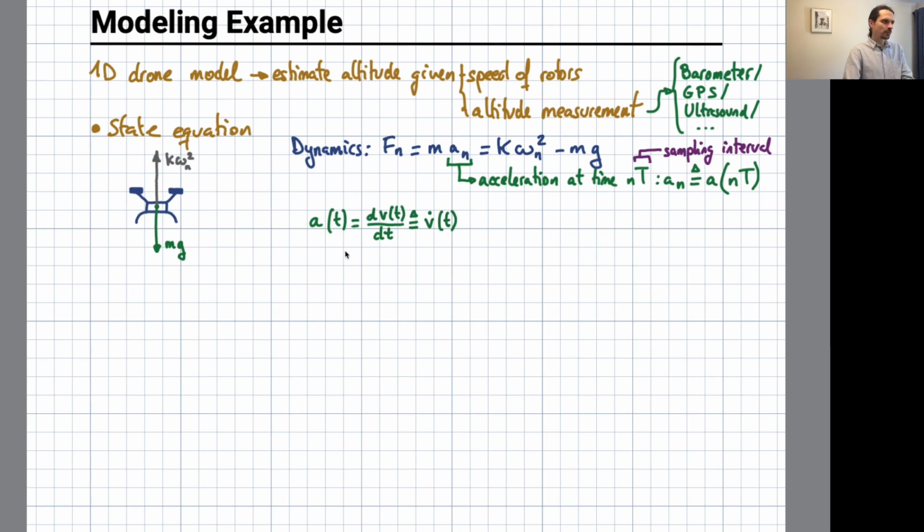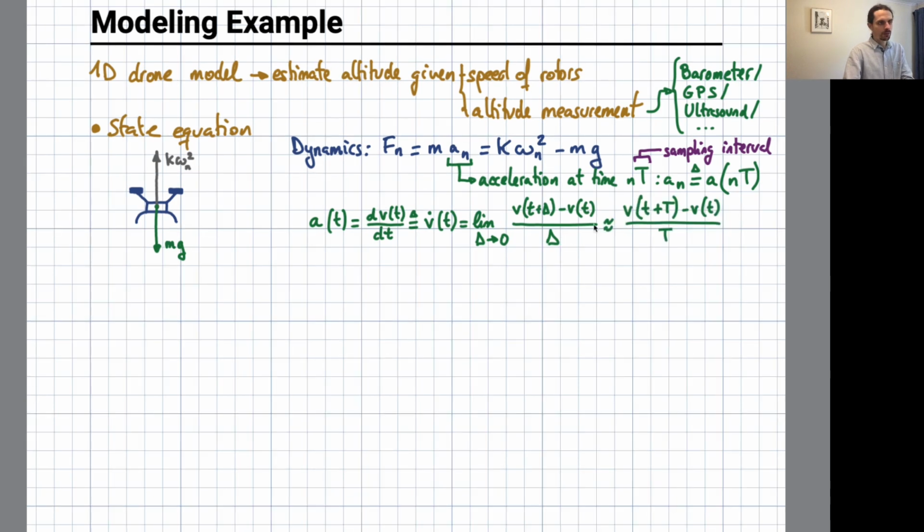By definition, the acceleration is the derivative of the velocity with respect to time, which is typically denoted in this context by v dot. We now remember that a derivative is just the limit of the difference between the velocity at two time instants divided by the difference between the time instants, as this difference goes to 0.